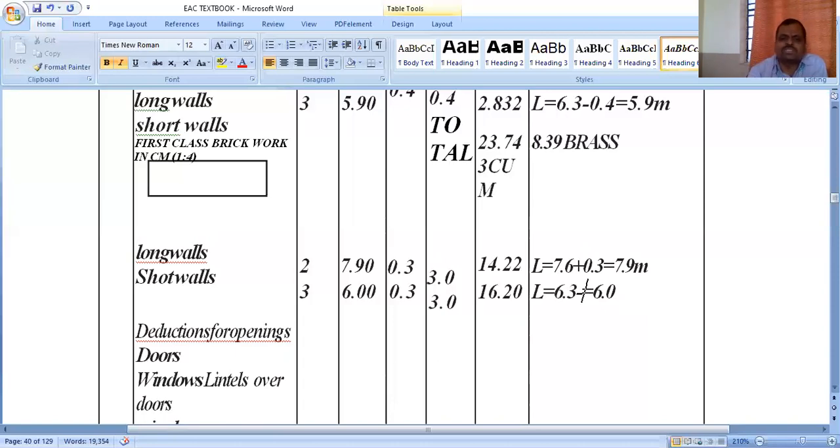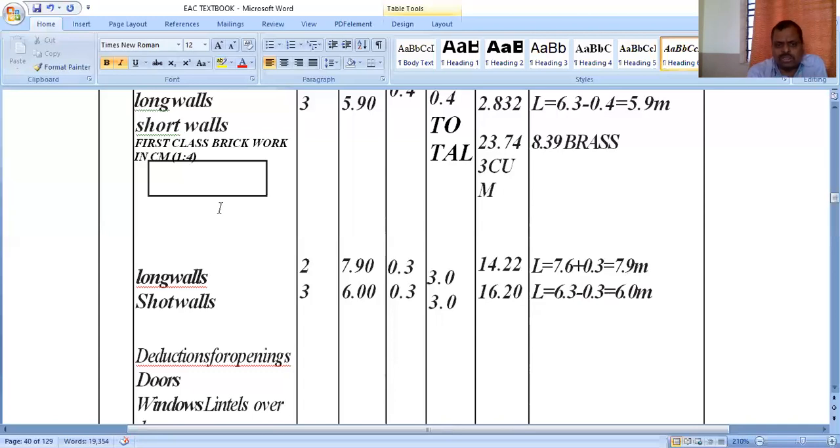The center to center distance of short wall, which we have already calculated, is 6.3 meter. We have to just go on deducting the width of the item. 6.3 meter minus 0.3 meter will give us the length of the short wall as 6 meter respectively.